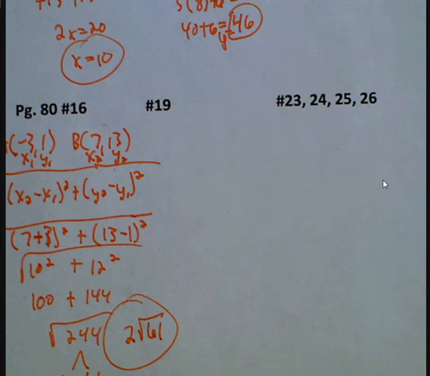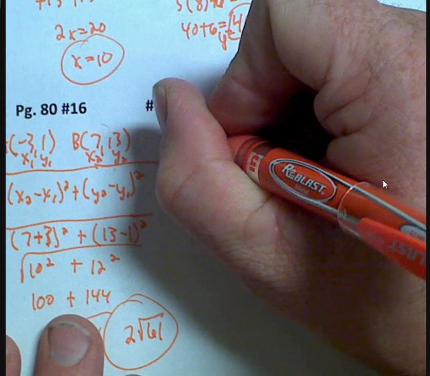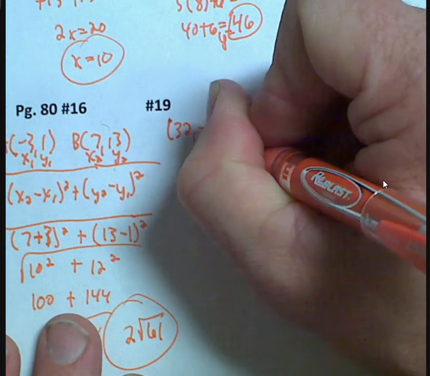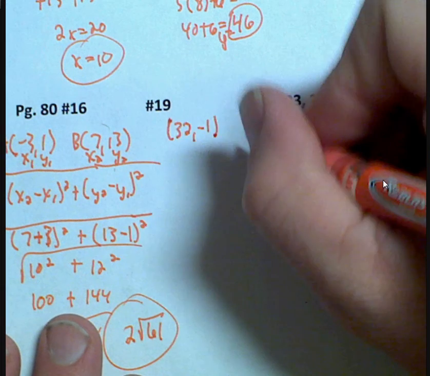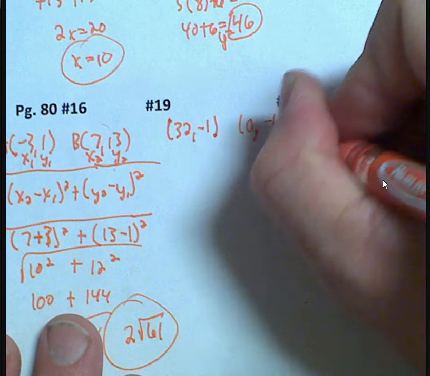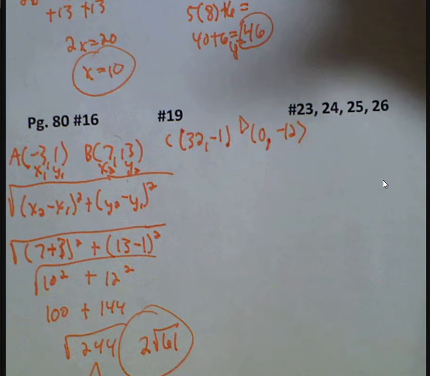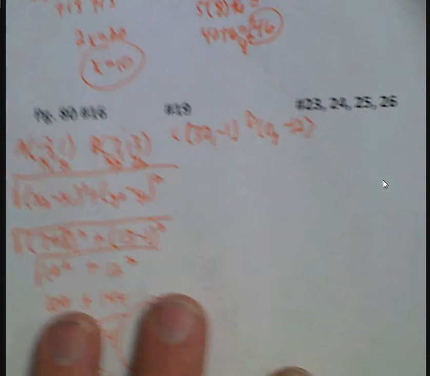Number 19. Find the coordinates of the midpoint of a line segment given the endpoint. So number 19. My endpoints are 32, negative 1, 0, negative 12. This is C, this is D, and it says to find the midpoint.